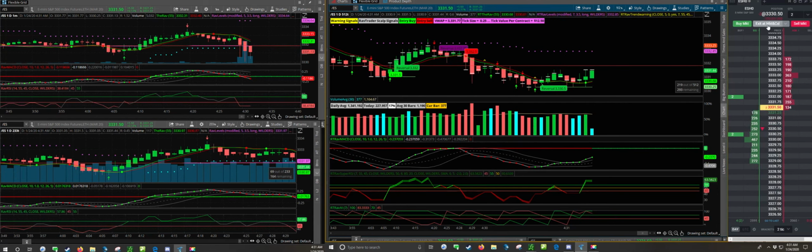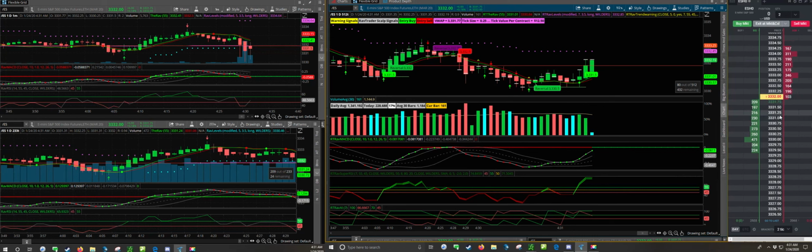Big level 2 at 33. 31.5 long triggered. Go ahead and take your profit. Stop filled. Cancel out that short.